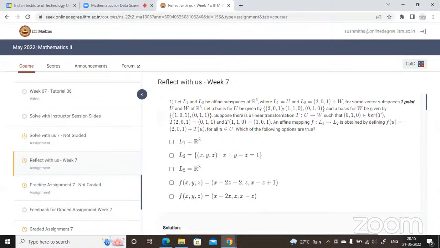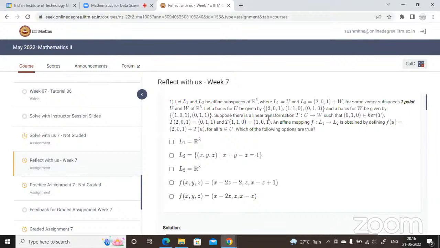What is the dimension of U? 3 dimensions. So what are the 3-dimensional subspaces of R3? It is R3 itself. So for us, L1 is R3.